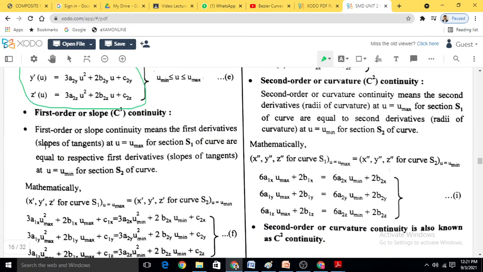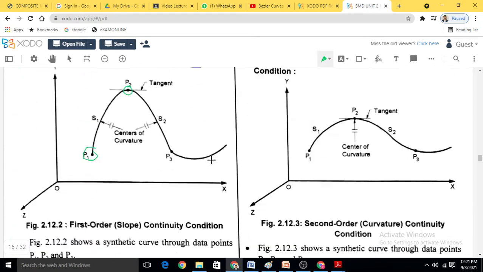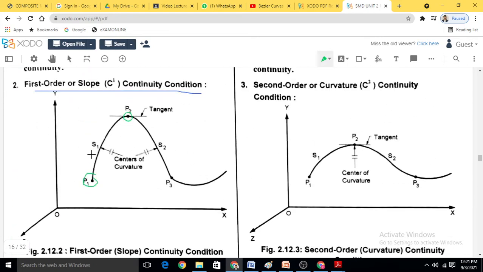see here, the first order or slope continuity means the first derivative or slope at u max for section 1. If we take the first derivative of section 1 and the first derivative of section 2, then at point P2, u maximum for section 1 is equal to u minimum for section 2. This is called first order continuity or slope continuity.